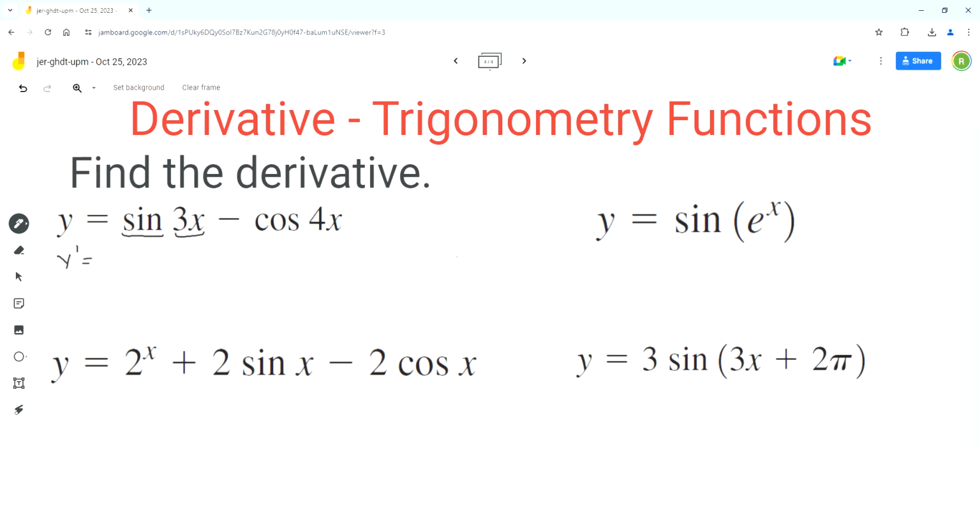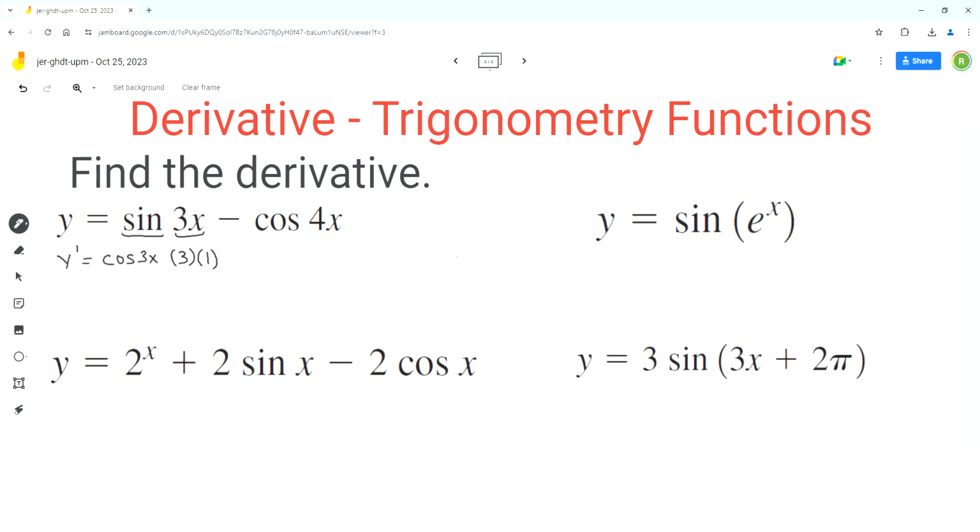So the derivative of sine is cos times the derivative of the inner function, which is 3x. So the derivative will be just 3 times 1 because the derivative of x is 1 and 3 is the coefficient of this inner function. So 3 will stay as it is.